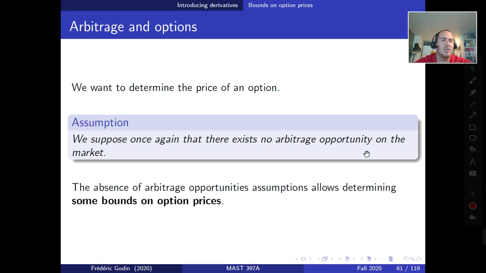In subsequent chapters, we're going to see option pricing methods to try to determine a single price for an option, but here in this chapter, we'll instead simply look at bounds implied by the no arbitrage assumption. So bounds on option prices or option premiums.